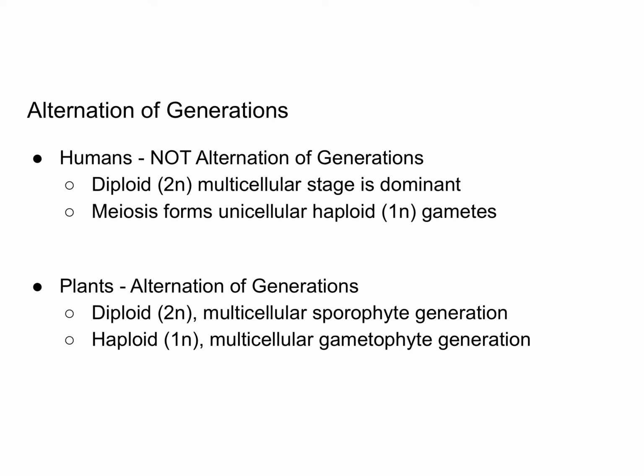We do have some specialized cells in our body that can go through meiosis to form unicellular haploid gametes. But these gametes are not their own stage of our life, they're just cells within our body. Remember that gametes in males are sperm, and in females, they are eggs or ova.